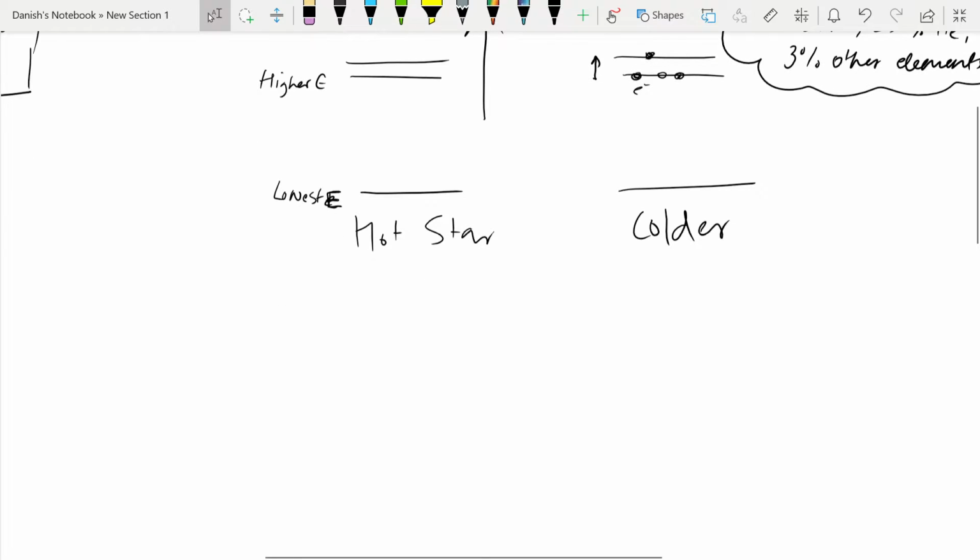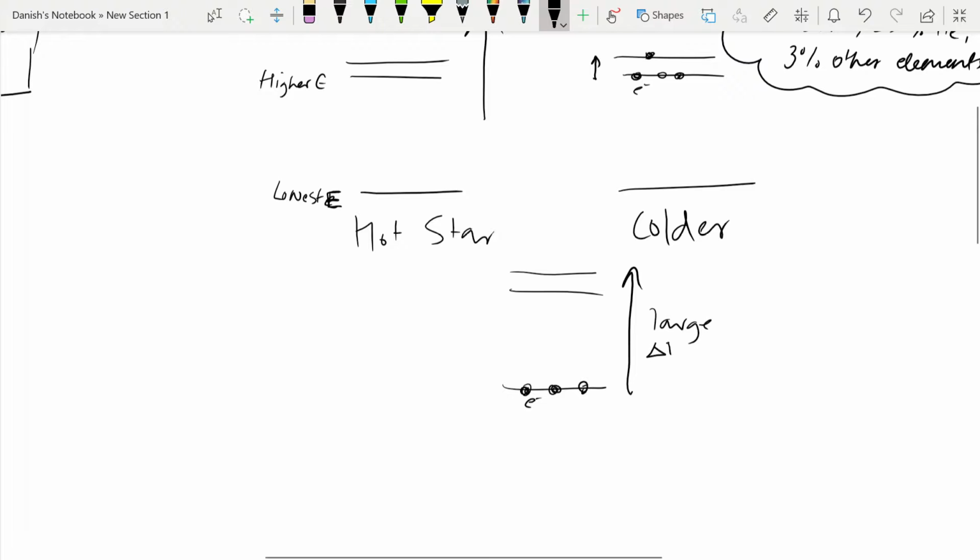Now if we move on to, say, a cold star, then we'll see most of the electrons right here. And these, for example, have the potential to get excited all the way from here to here, which is a very large energy gain.